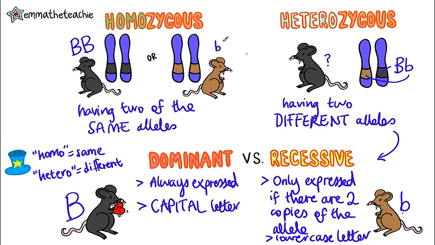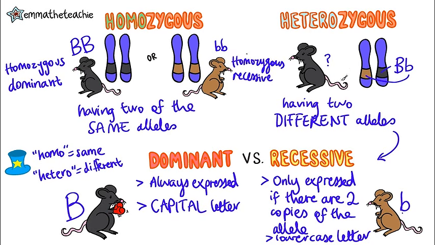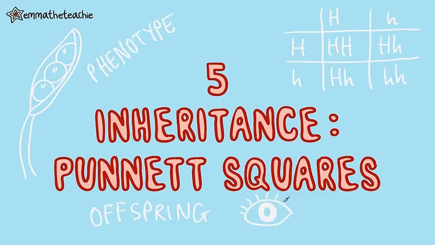But this mouse has two recessive alleles, so we write it as little b, little b, and the phenotype is brown fur. We can call the genotypes homozygous dominant if there are two dominant alleles, and homozygous recessive if there are two recessive alleles.